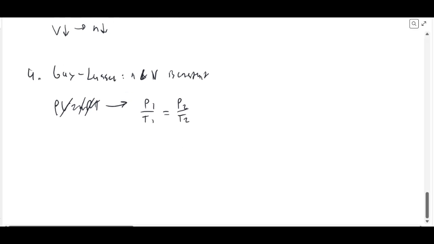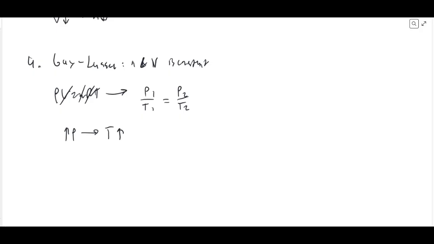So same thing here. If we increase P, we'll evidently have to increase the temperature of the system in order to keep everything constant, and vice versa.